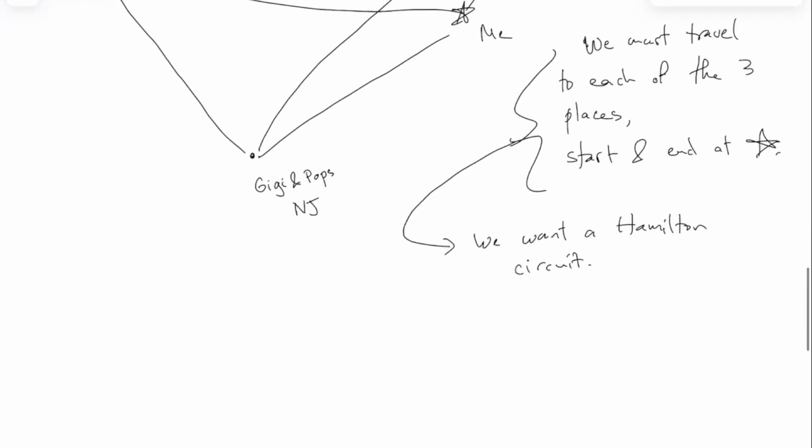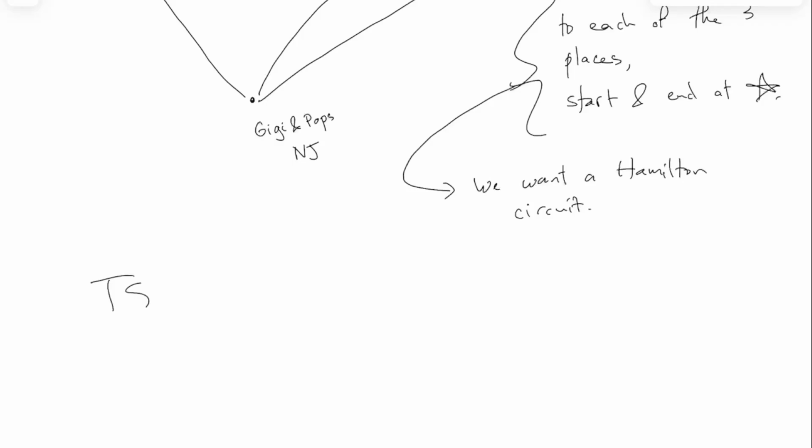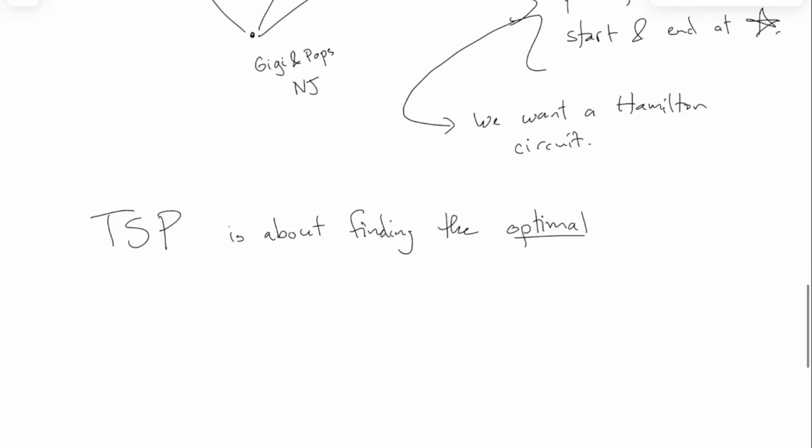So we want a Hamilton circuit, and in general, the traveling salesman problem, which is what we're talking about here, is about finding the optimal, that is to say the best, which usually in a problem like this means shortest, Hamilton circuit in a complete graph.